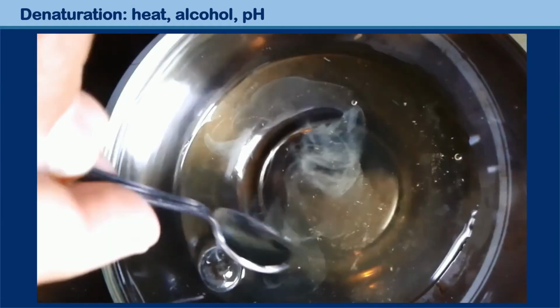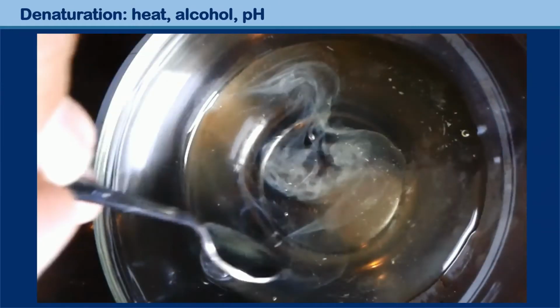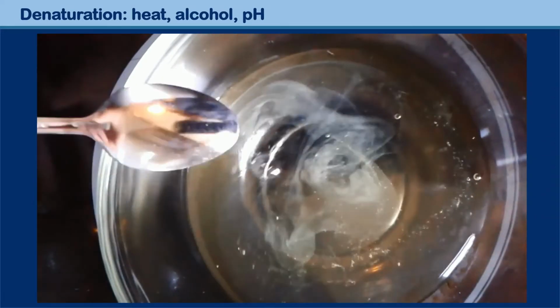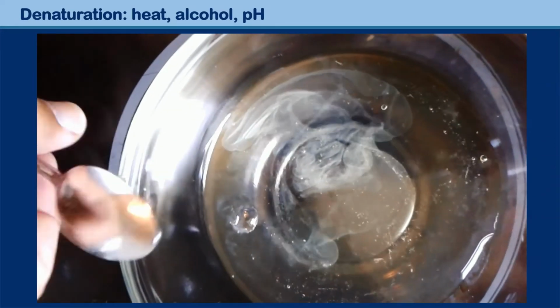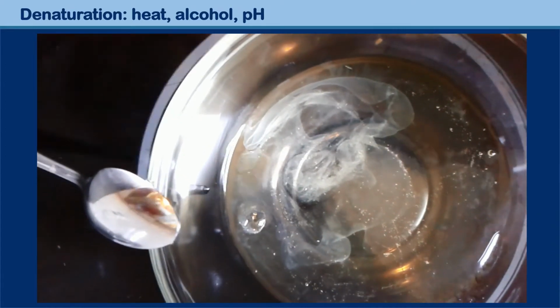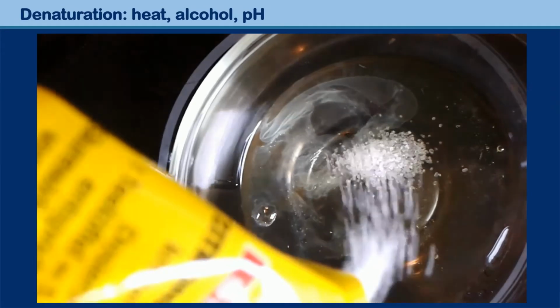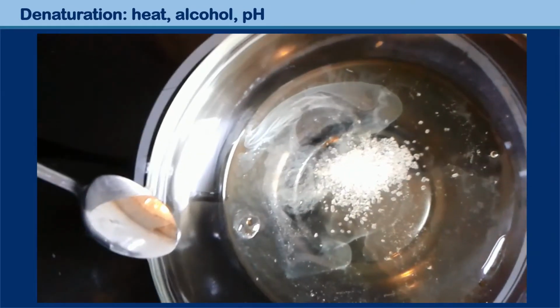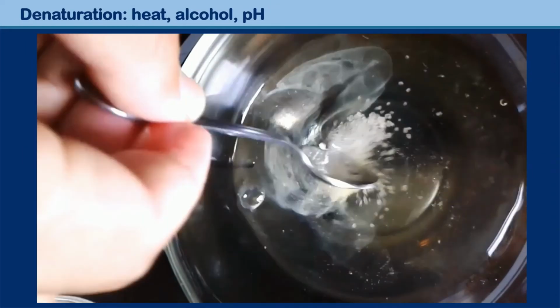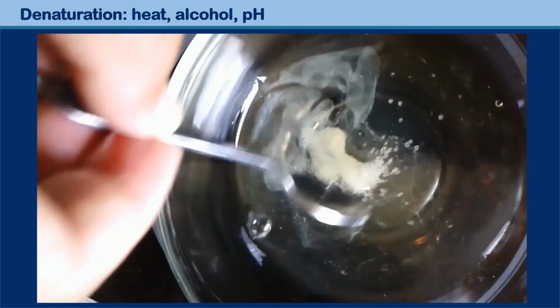Maybe not quite as strong as in the alcohol, so maybe the acid is not strong enough. But you still see that there is a discoloration, it changes to white. So this one is also denaturing. I was not quite happy, so I decided to actually pour some citric acid directly into it to see if I can increase the effect. Yeah, and it works a little bit.